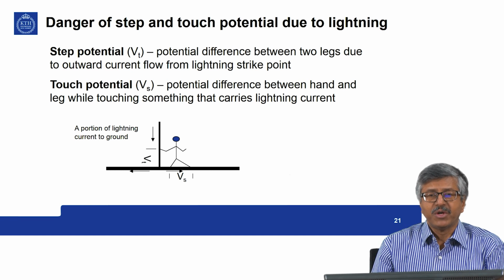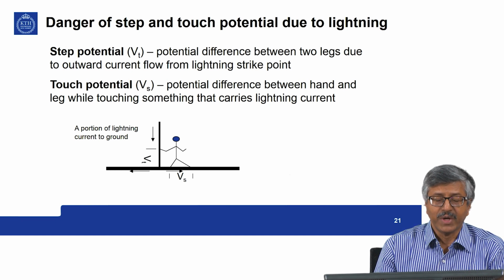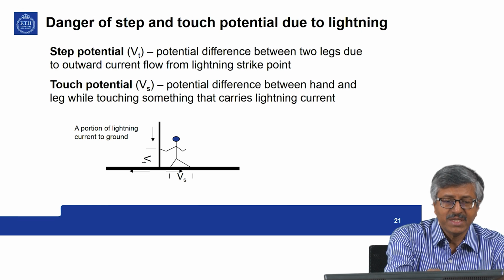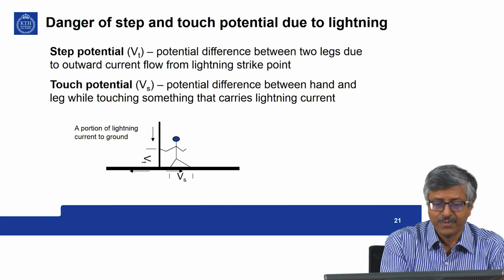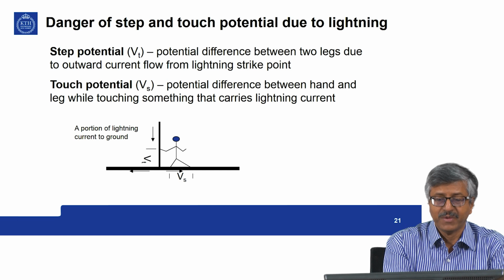The step and touch potential due to lightning. One purpose of lightning protection is to reduce the step potential and the touch potential to those values that are not harmful for human beings. Step potential is defined like this. If you have some horizontal current flow or a horizontal electric field, it will drive some currents, and between the legs of a person it can create a certain potential difference.